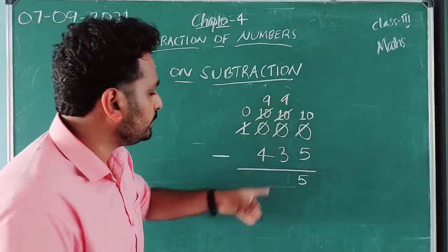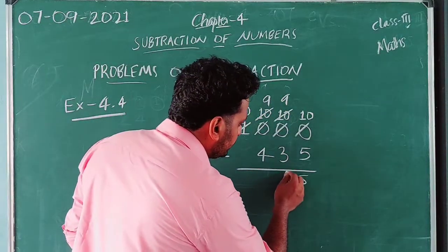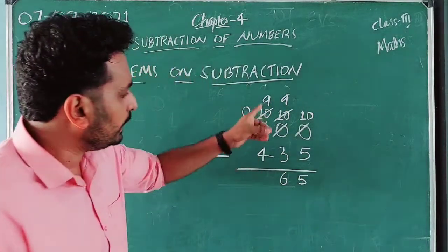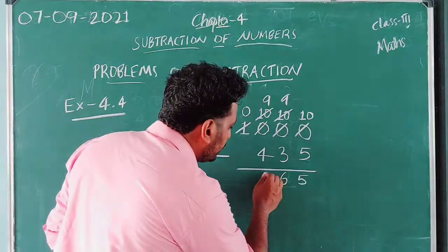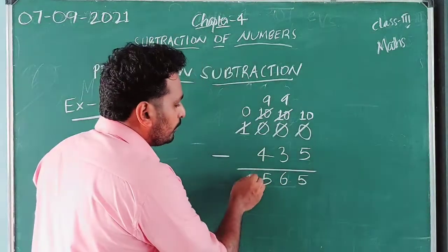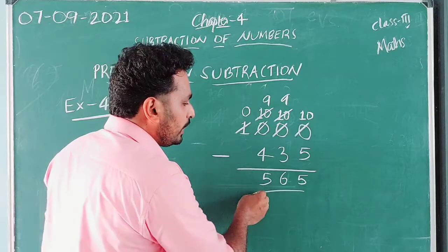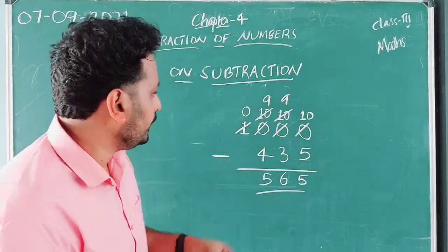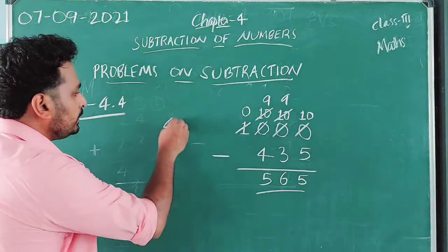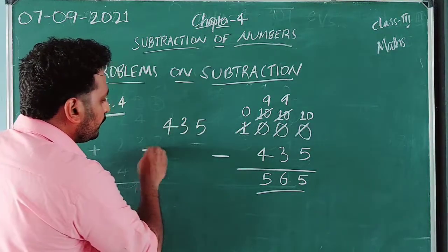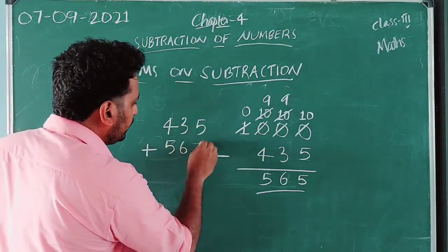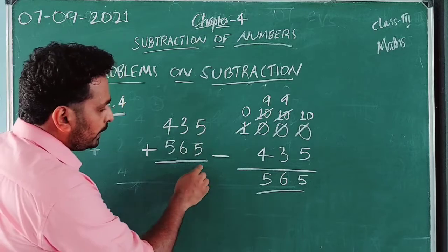Next, 9 minus 3. What is 9 minus 3? It is 6. Then 9 minus 4. What is 9 minus 4? It is 5. 0, don't write 0 here. No need to write. 565. So let us check. 435 plus 565. 5 plus 5 is 10.